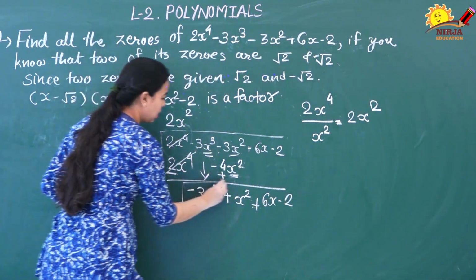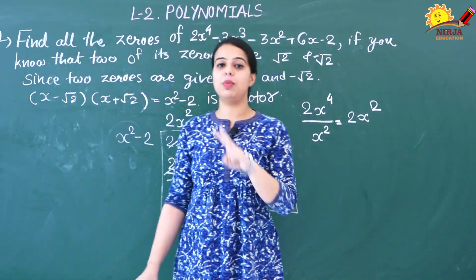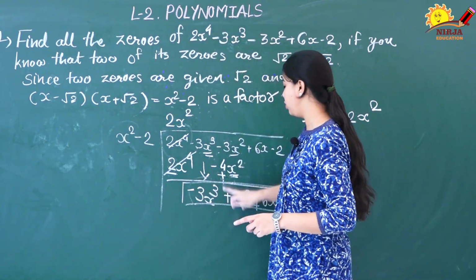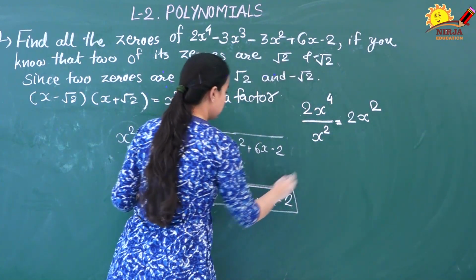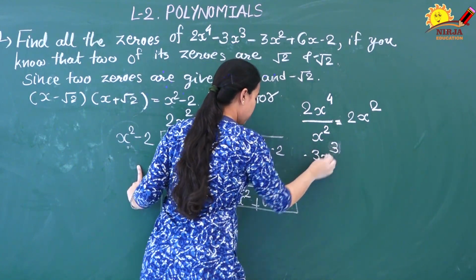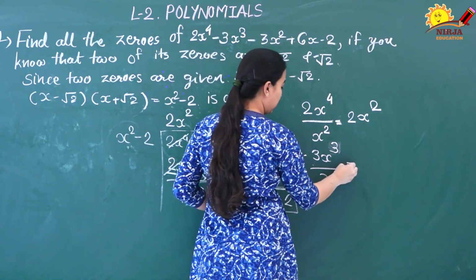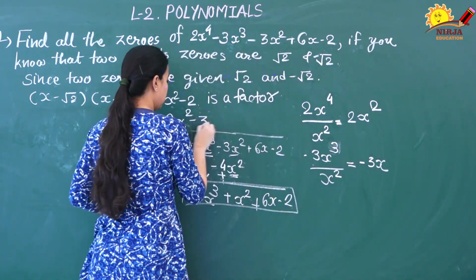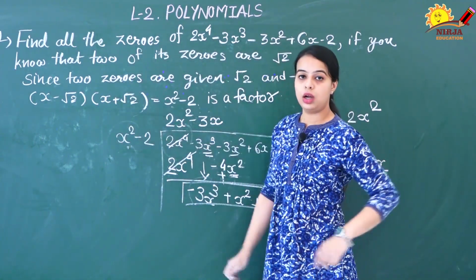Now we need to consider our new dividend as this. To obtain the second term of the quotient, we divide the highest degree term of the new dividend by the highest degree term of the divisor. That is minus 3x cube divided by x square, and we get minus 3x. Now let's multiply minus 3x with the divisor.